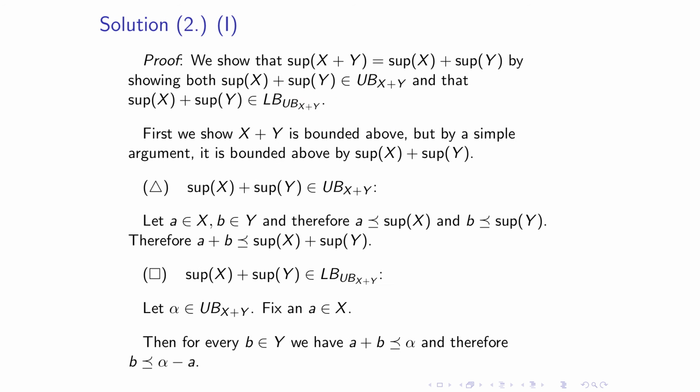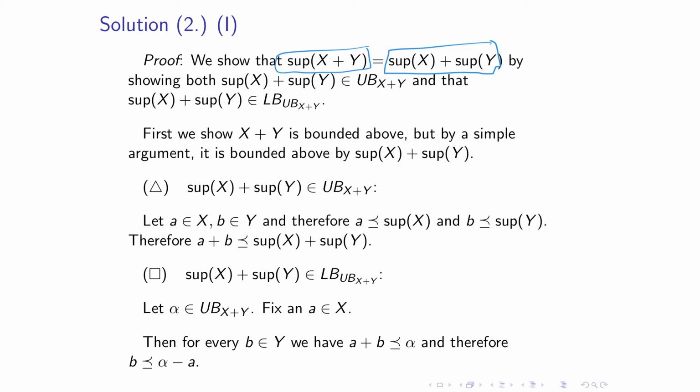Okay, we move on to the second exercise, which regarded sup(x + y), showing that it is sup x plus sup y. Based on what I said at the beginning of the first exercise, it is hopefully clear to you how we ought to approach this problem.